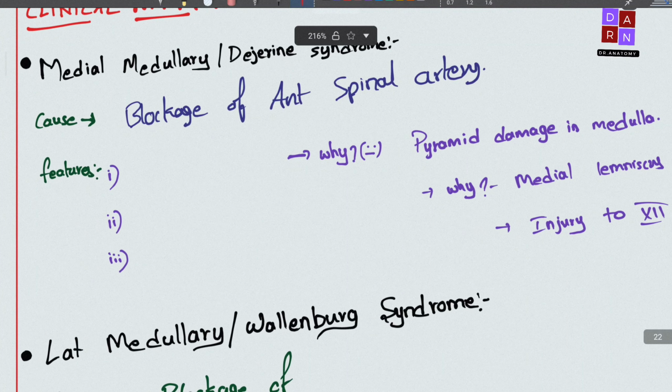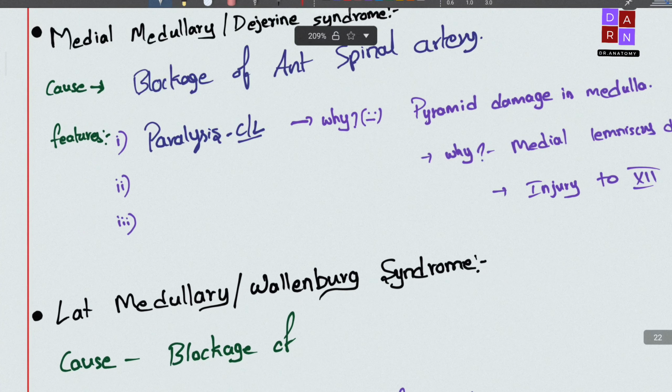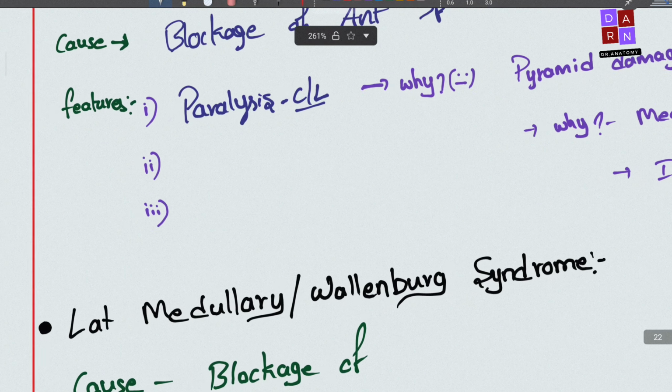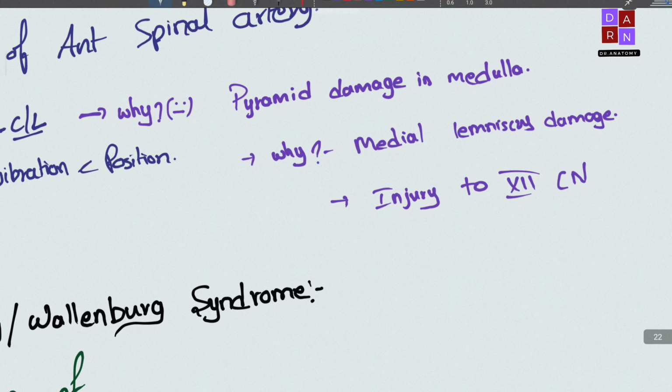So what you will see here is paralysis, contralateral, because the pyramidal tracts are damaged. Second, the medial lemniscus is damaged, so sense of vibration and position sense is lost.